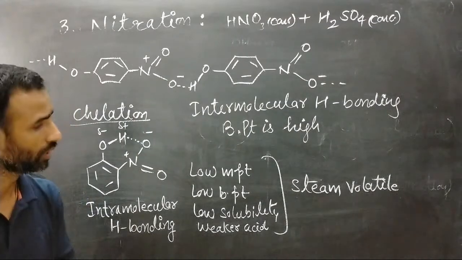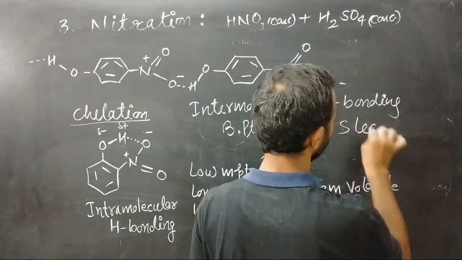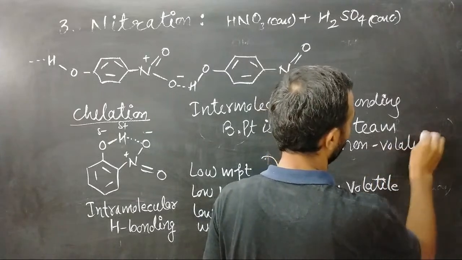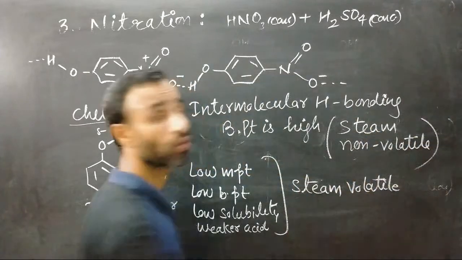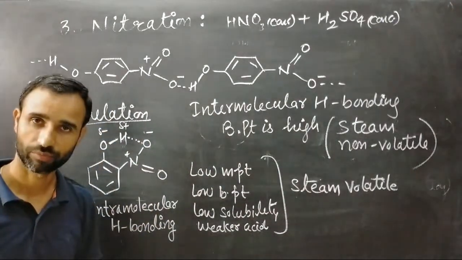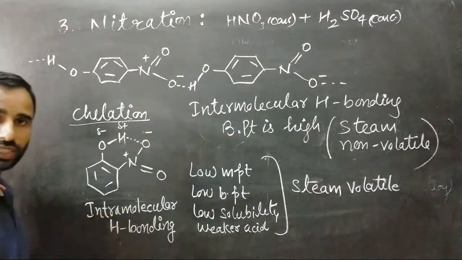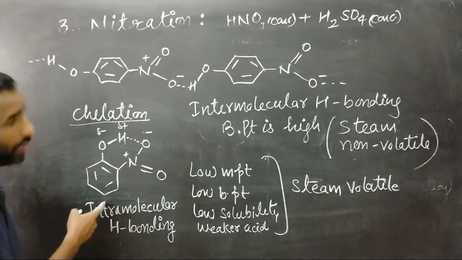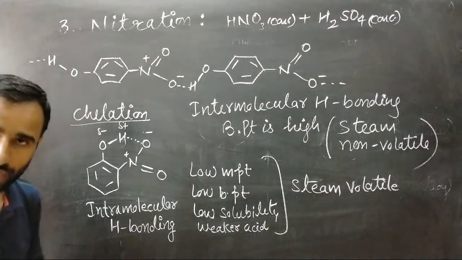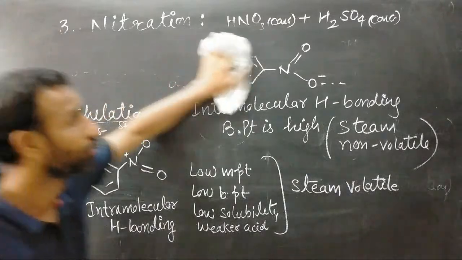Even solubility is more, everything is high now. So it becomes steam non-volatile. So orthonitrophenol can be separated from paranitrophenol by steam distillation. Orthonitrophenol goes with the steam, and paranitrophenol remains in the mixture. In this way we can separate orthonitrophenol from paranitrophenol.